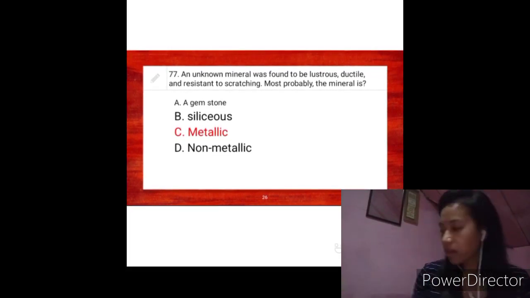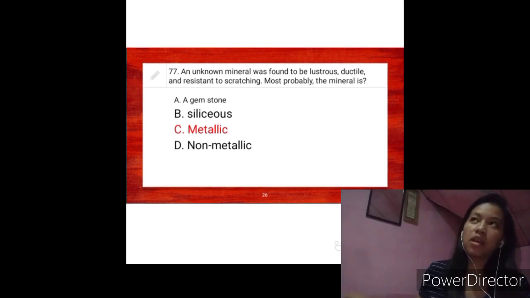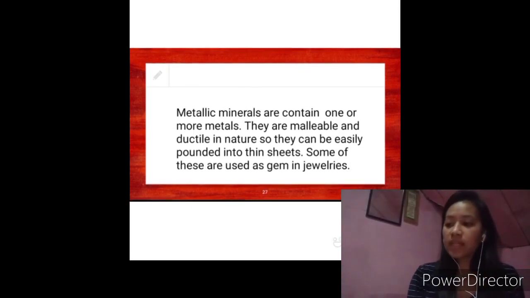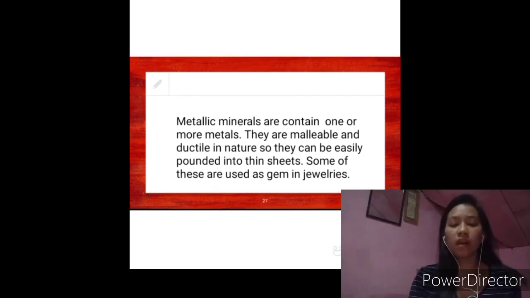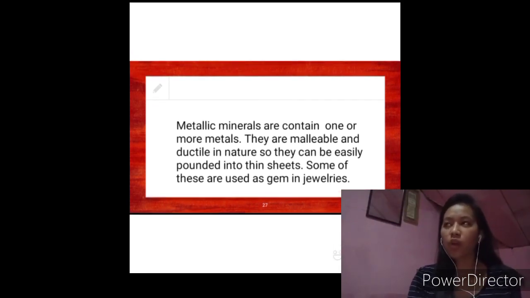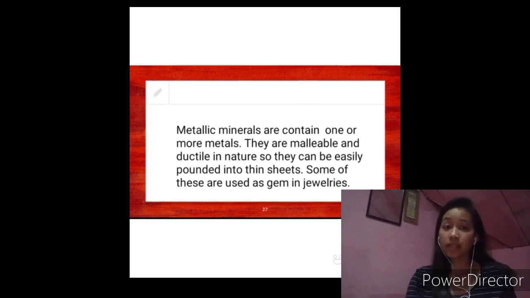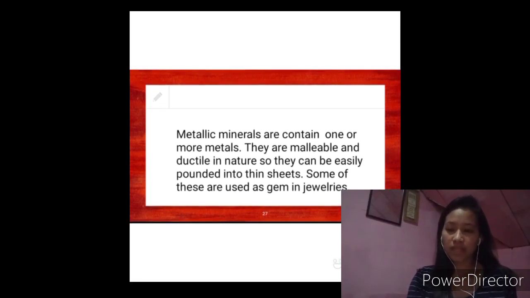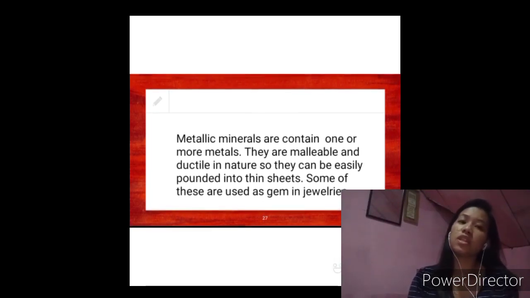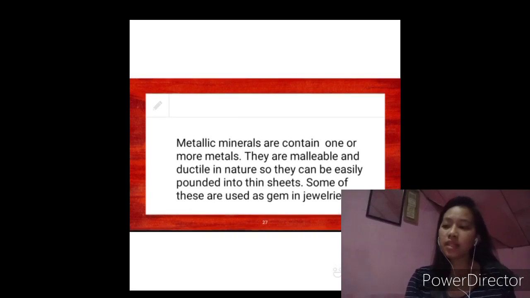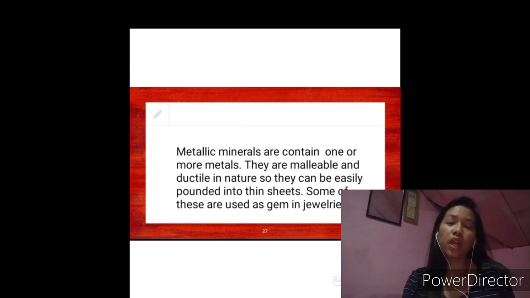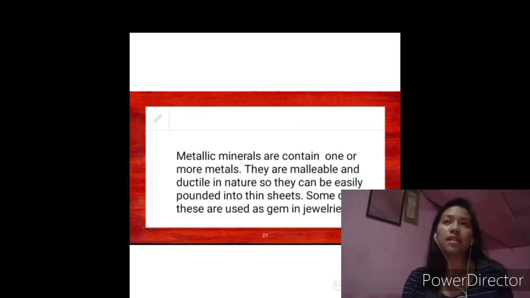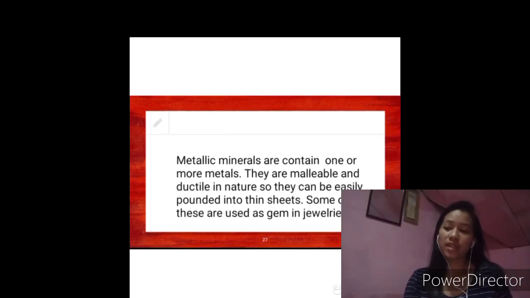The correct answer there is metallic, because metallic minerals contain one or more metals. They are also malleable and ductile in nature, so they can be easily pounded into thin sheets. And metallic minerals can also be used as gems in jewelries.